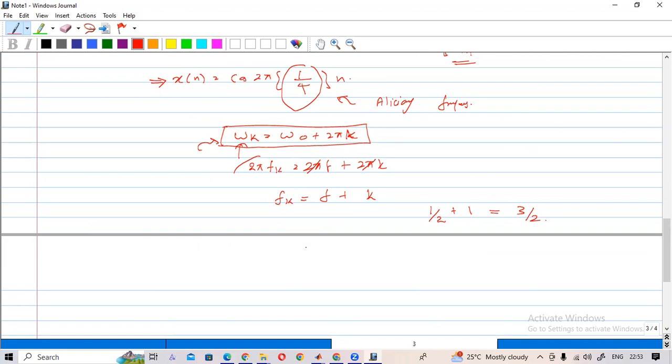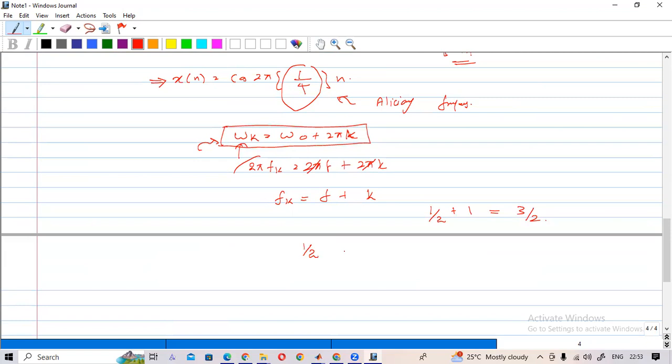So that means if you have normalized frequency half, that is equal to the normalized frequency 3 by 2. So this half signal will generate another frequency signal. Actually, this half is aliasing by 3 by 2. That is the idea.